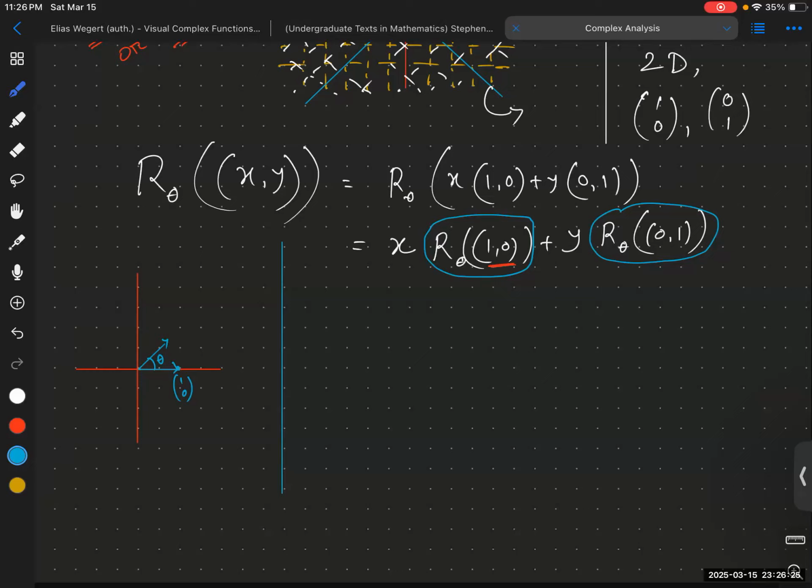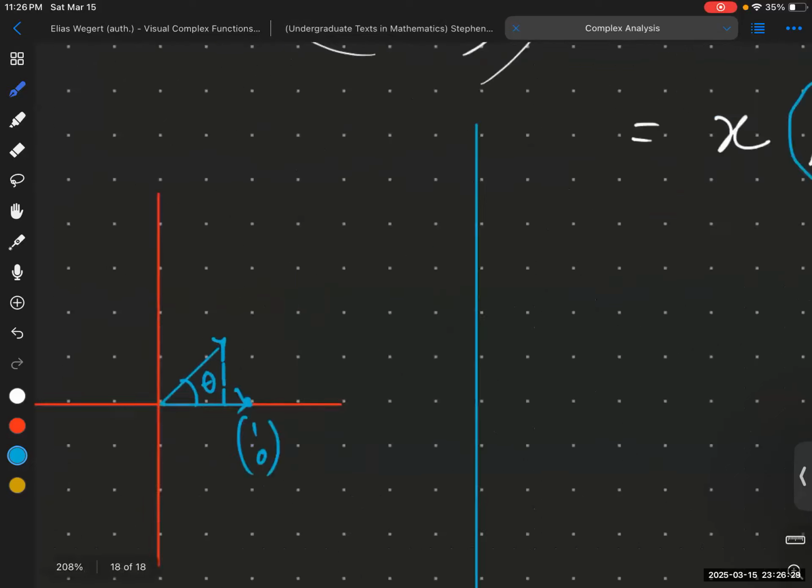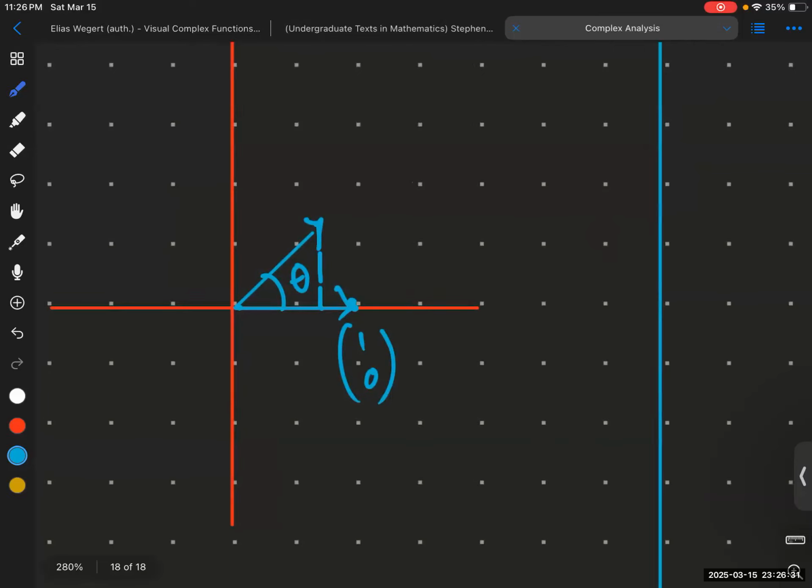The new coordinates of this vector: if we take a perpendicular line from the vector, then this length is 1 unit. So this is basically cos theta, and after applying some trigonometric identity, this will be sine theta.